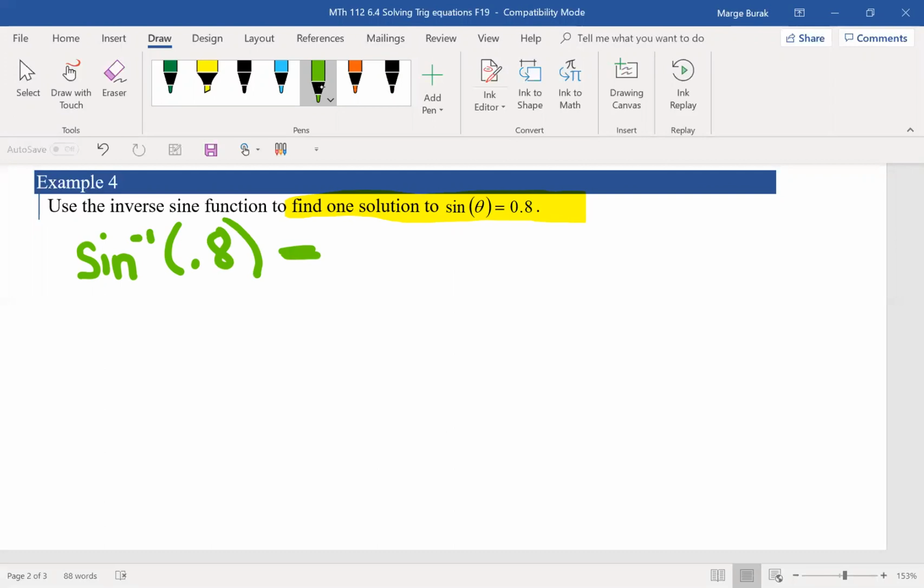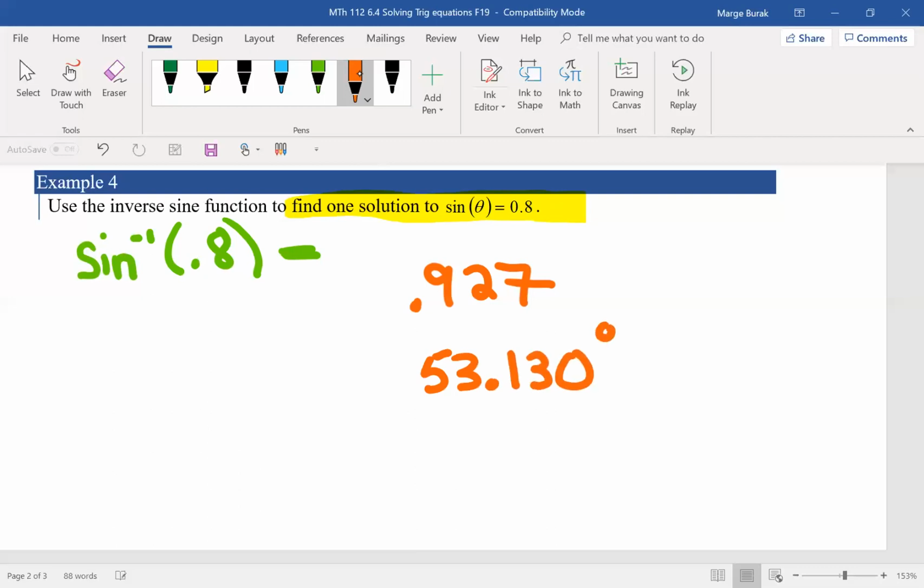If you take the sine inverse of 0.8 and you get 0.927, that means your mode is radians. And if you get 53.130, that means you're in degrees. So be very careful about which one you're in.